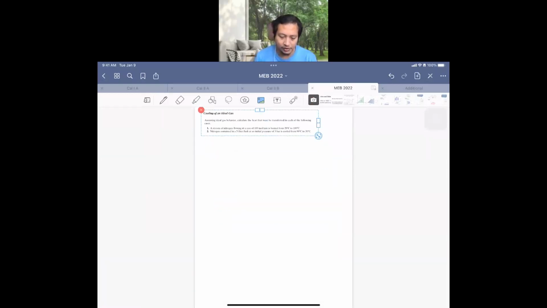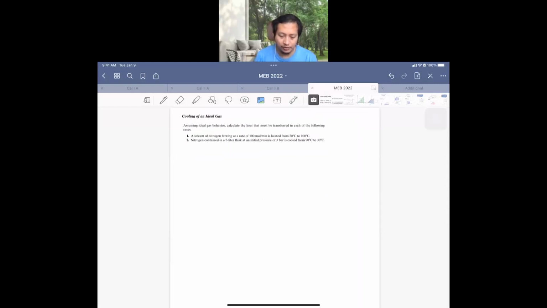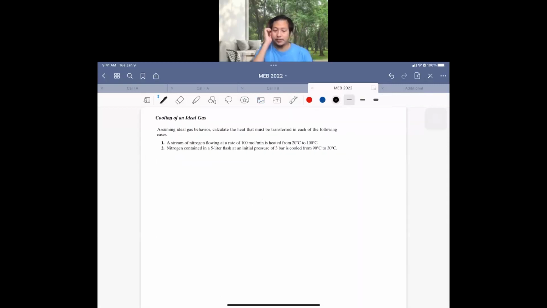Let me put in some illustration on how to find the heat that must be transferred. There are two cases. The first case is we have a stream of nitrogen with this flow rate, heated from 20 to 100.